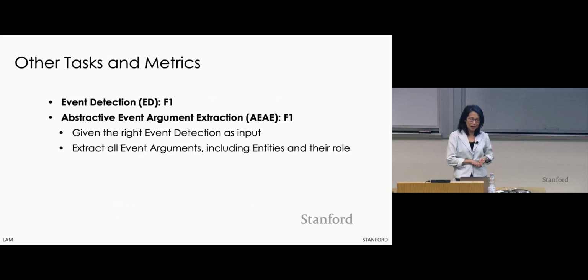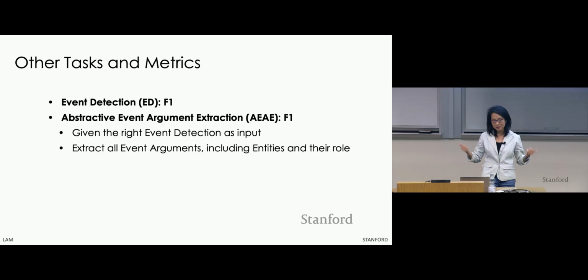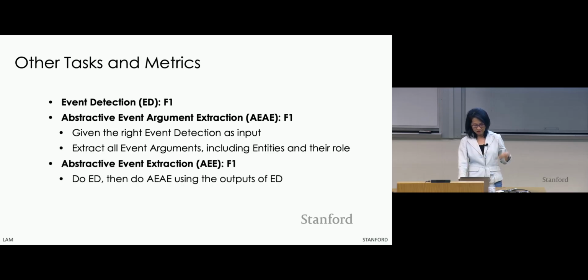After that, there are several more metrics that we're going to use. The one is the event argument extraction, which is abstractive. For this subproblem, we give you the right event, and we ask, can you figure out what the arguments are? Then we can combine the whole thing end to end.